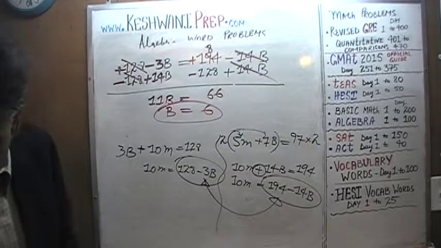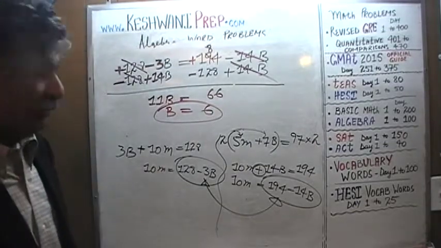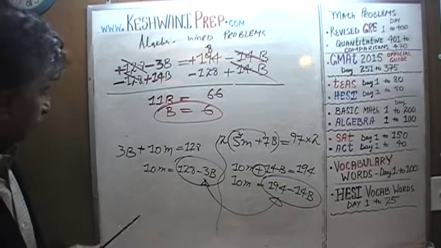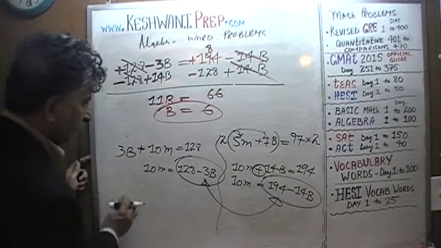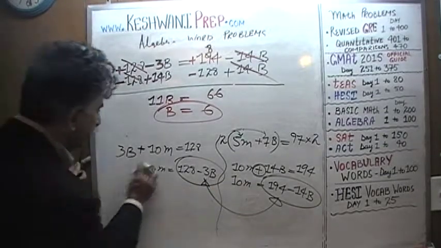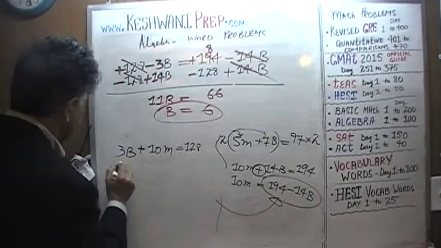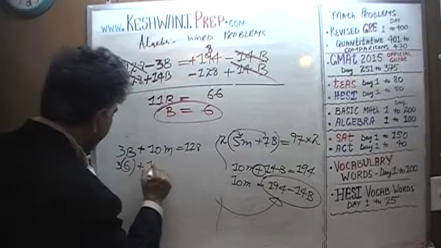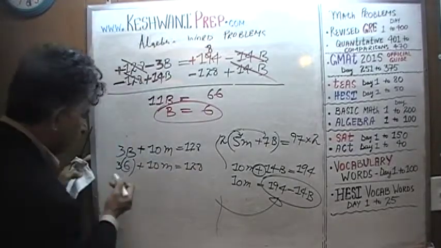Books must cost $6. The question is, if books cost $6, how much do the movies cost? Let's find out. We'll use this equation right here. We can erase all of this, we're done with it. Books cost $6, so 3 times 6 plus 10m equals 128. 3 times 6 is 18.